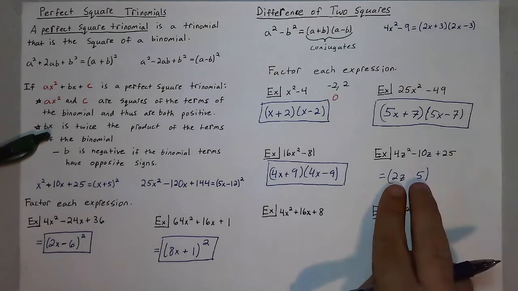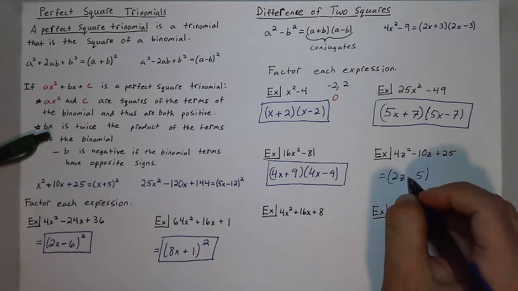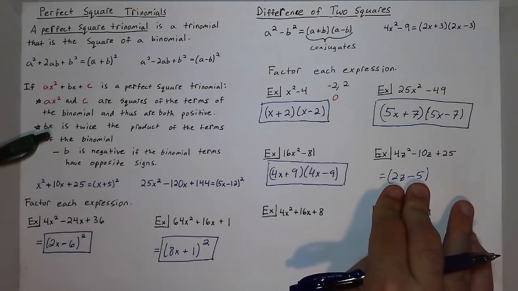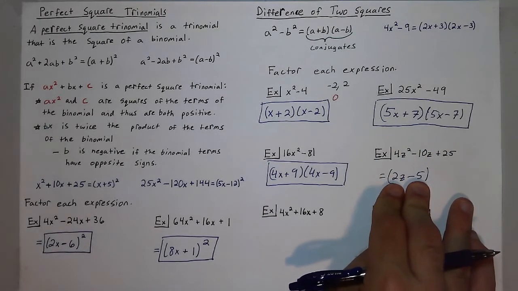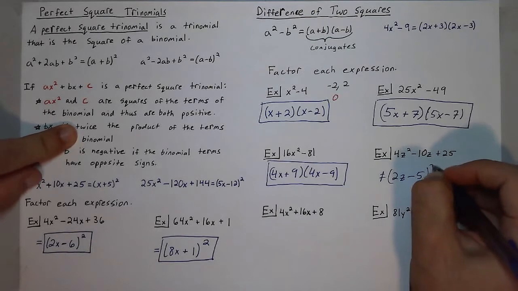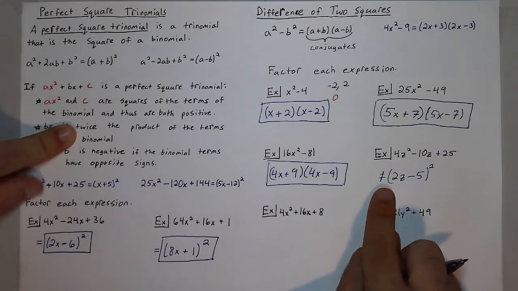But if I were to multiply these together, I would get 10z. I see this is negative, so it's maybe 2z and negative 5, and I would get negative 10z when I multiply. But since that middle term, bx, has to be twice that product, I can already tell it's not going to be equal to this, just on that fact alone.